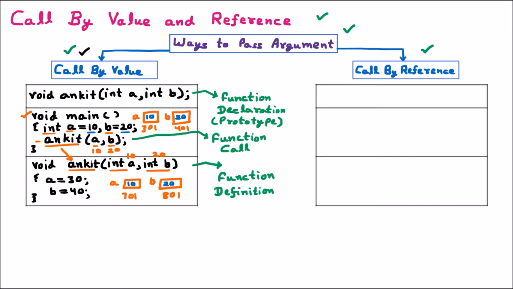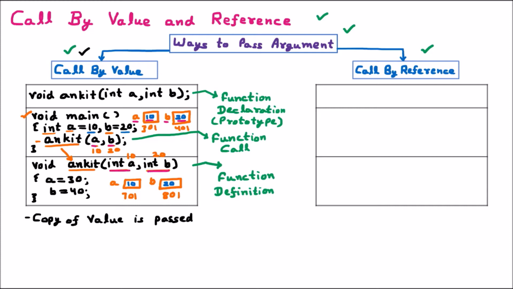From this we get the first line about call by value: values are passed. Note the important line here. Whenever we use the call by value method, values are copied. From variables A and B, whose values are 10 and 20, whenever we pass these variables as parameters, these two values are copied to the function.